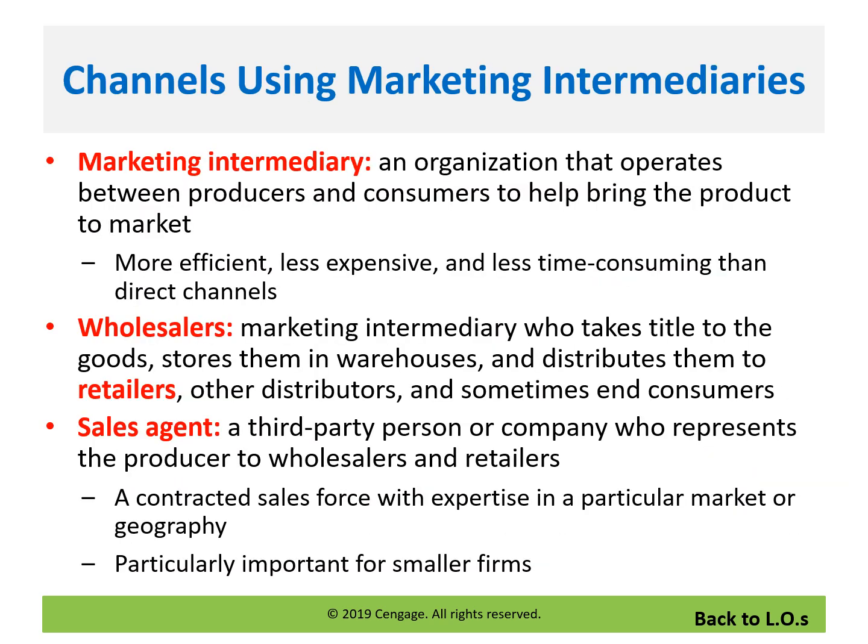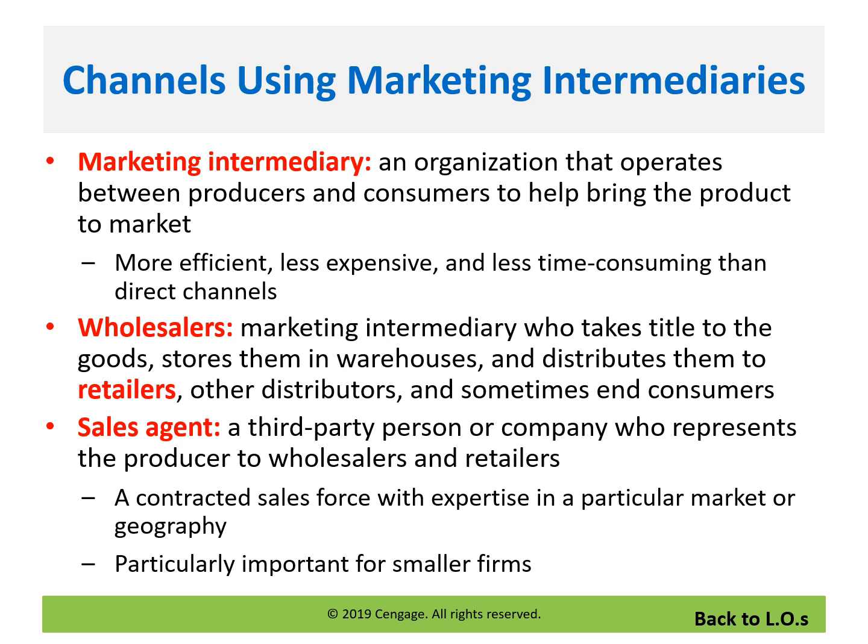The next type is channels using marketing intermediaries. Although direct channels allow simple and straightforward marketing, they are not practical in every case. Some products serve markets in different areas of the country or other parts of the world, or have large numbers of potential end users. Other categories of products rely heavily on repeat purchases.